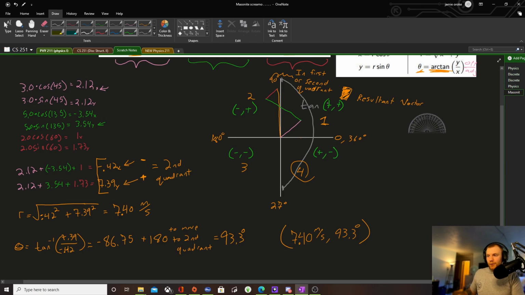So no matter what these signs turn out to be, that tells you what quadrant you're going to be in. And you can use that at the end down here, using that knowledge that you got right here. Take that with you when you get the direction of tangent or the direction of theta.